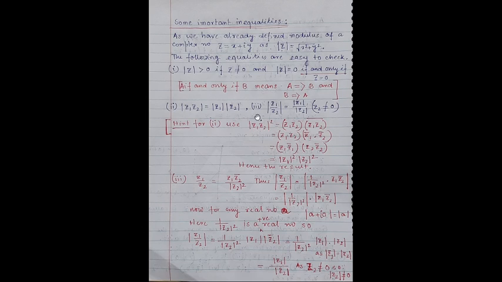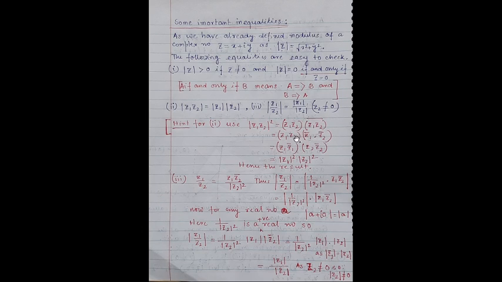Suppose you start with z1 z2. Then modulus square is z into its conjugate, so we multiply these and its conjugate. Now the conjugate of z1 z2 is z1 bar z2 bar.